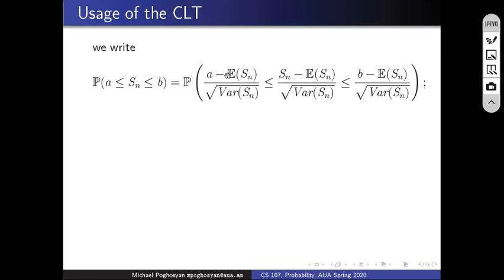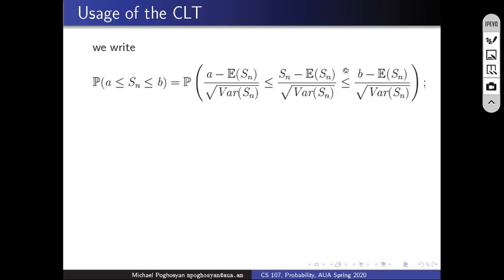I'm doing the same transform with A and with B. So from all sides, I'm extracting expected value of Sn, and I'm dividing by the square root of the variance of Sn, by standard deviation of Sn. So this is equal to that trivially. Well, you just cancel and you get back to this. But how is this helping?